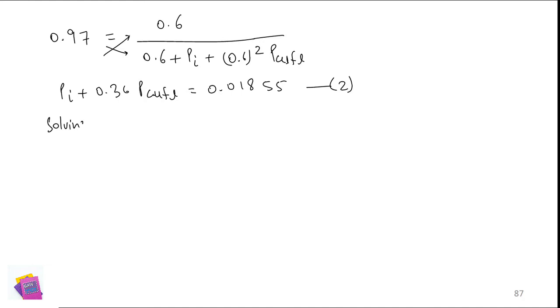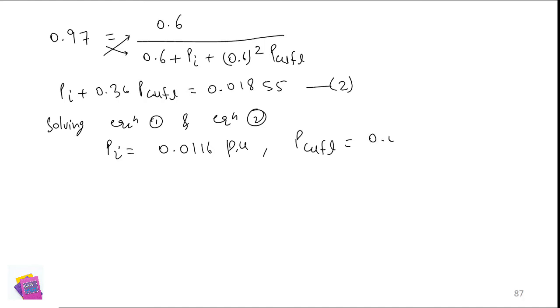After solving equation 1 and equation 2, you will get Pi equal to 0.0116 per unit. I am solving this numerical in per unit, and P copper full load equal to 0.01932 per unit. Okay, you know this copper loss at full load is basically I squared R equivalent per unit.